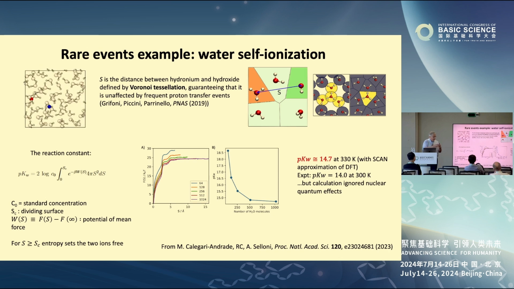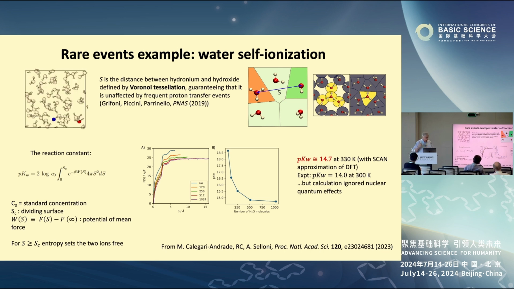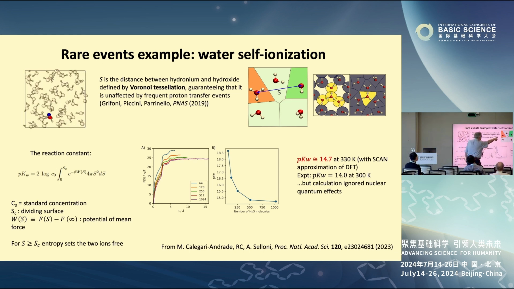They form complexes with the water molecules. One is called the hydronium, that is essentially an oxygen with 3 neighboring protons, and the other is the hydroxide, an oxygen with 1 proton only. So as you can see in this representation here.